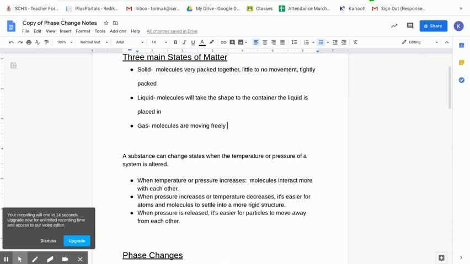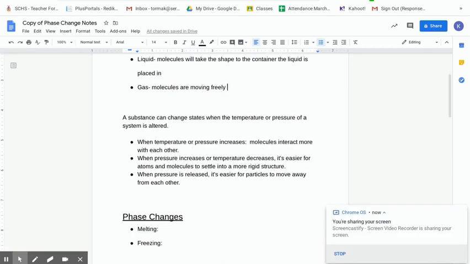Same thing when you boil water, you see all the steam come out. That is changing from a liquid to a gas. So when temperature or pressure increases, molecules interact more with each other.